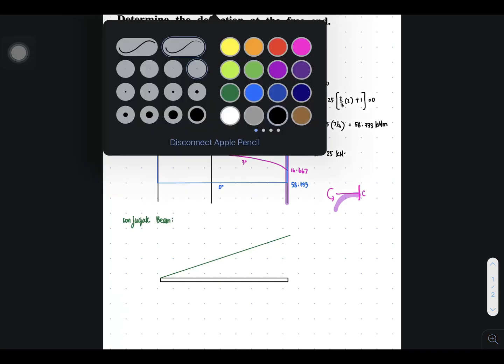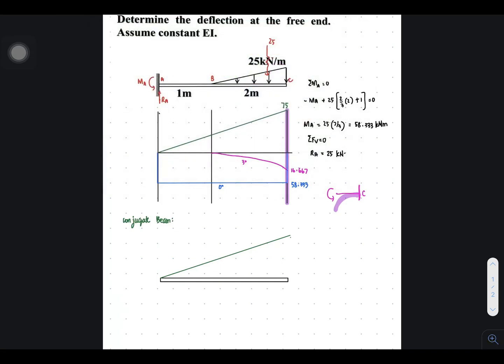And of course, you write here, upward. So this is upward direction, and the value here is 75 with the first degree line.